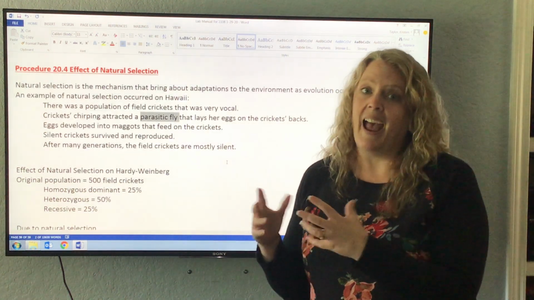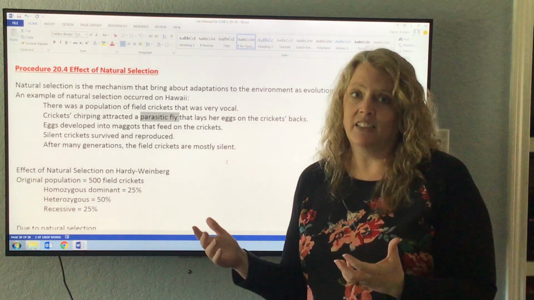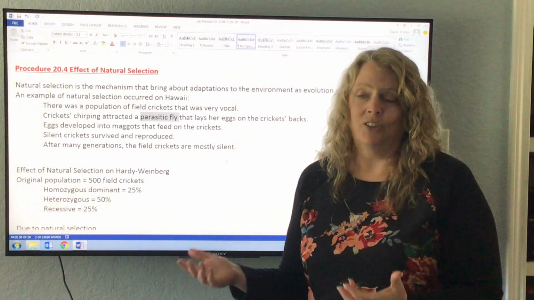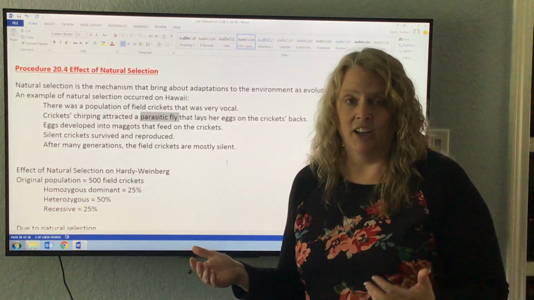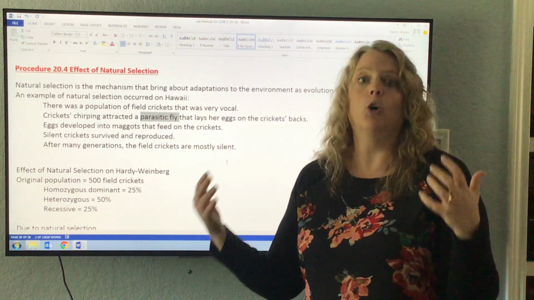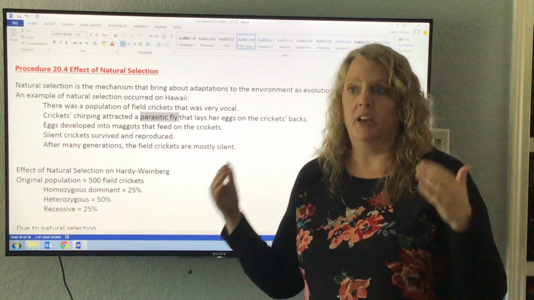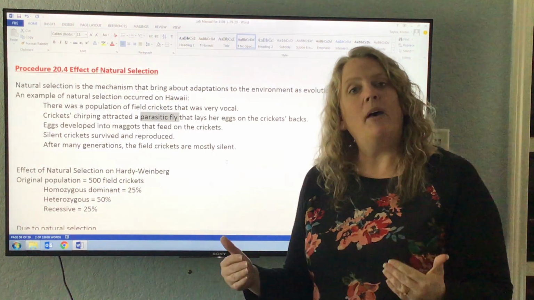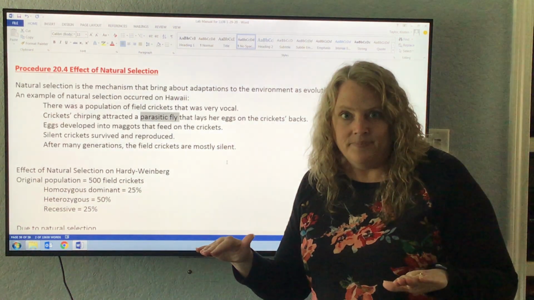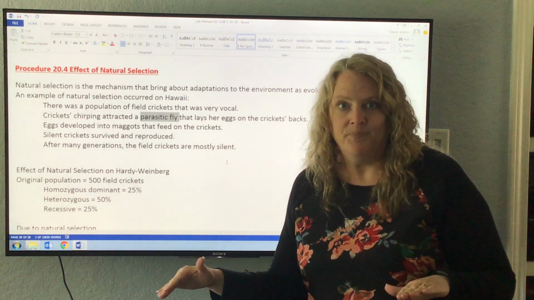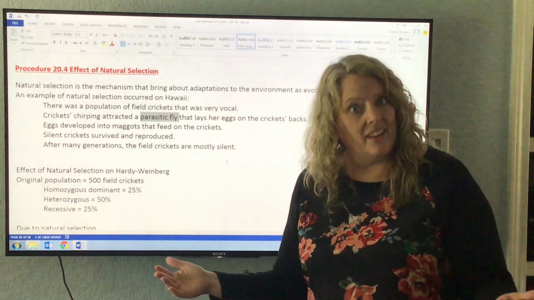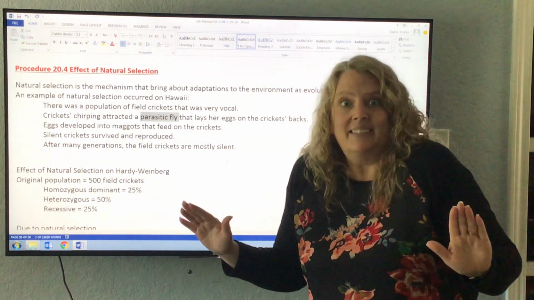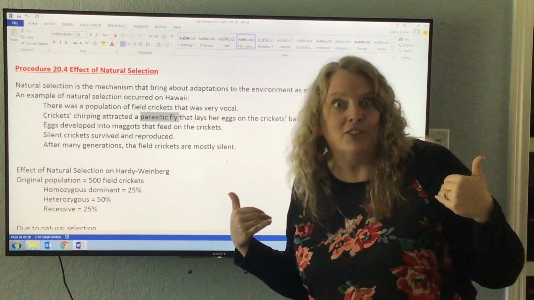When the eggs hatch, the cricket is going to end up dying. So it's not a good thing to be a loud, vocal cricket, because those flies will find them right away. Well, what about the crickets that are silent? Flies can't find them. So they survive because they don't get any eggs laid under their exoskeleton.